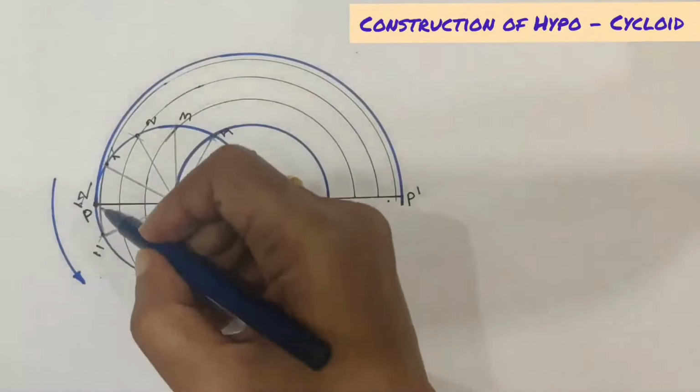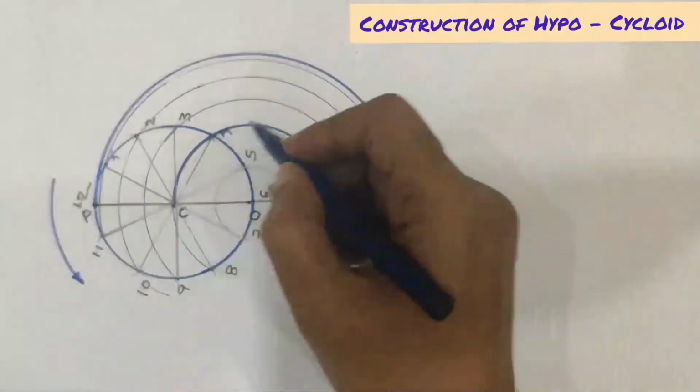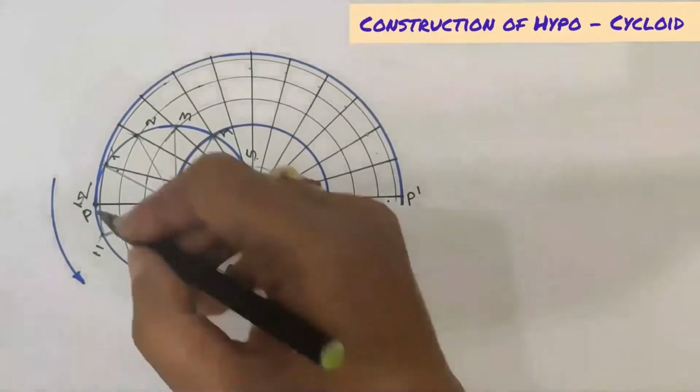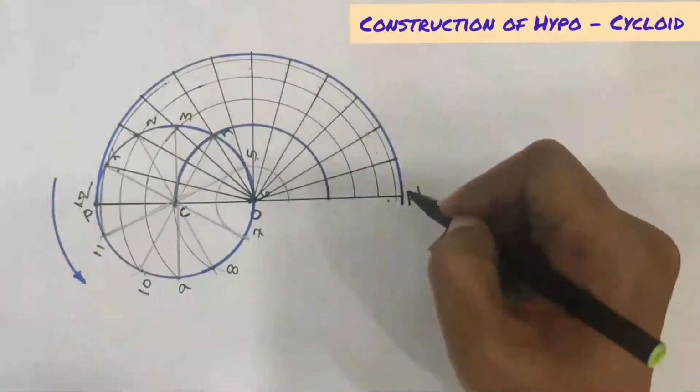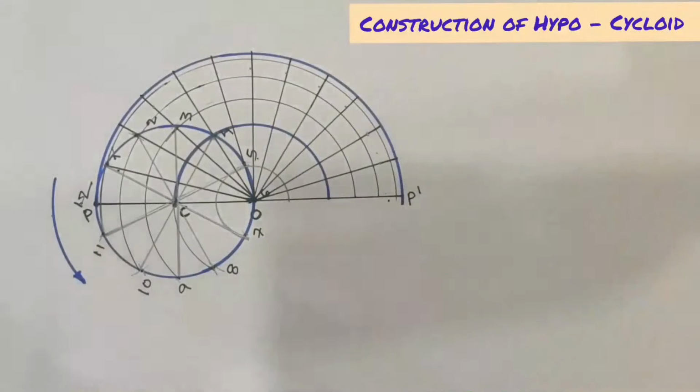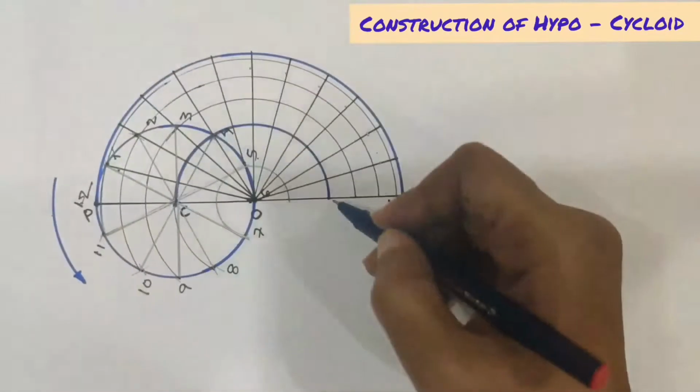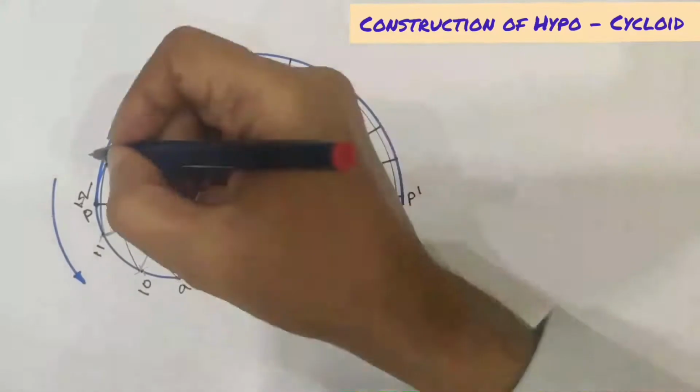Now divide directing arc and locus of path arc into 12 equal divisions. After dividing the directing arc and locus of path arc into 12 equal divisions, then give numbering on the directing arc as well as locus of path arc.